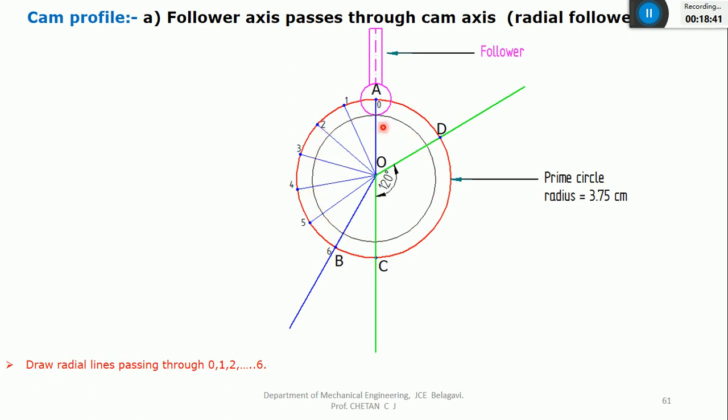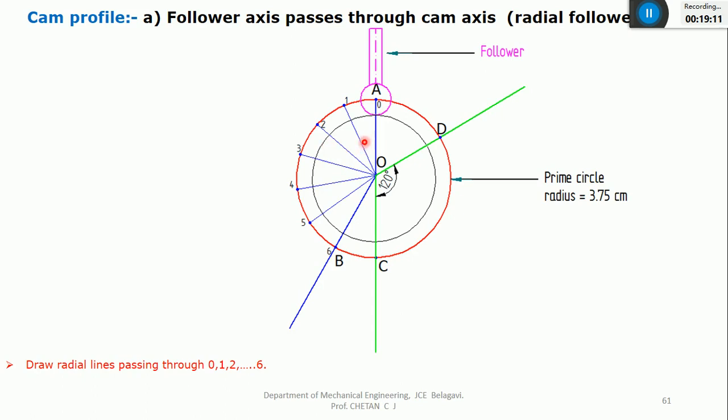But in this case, the roller is in contact with this base circle, and I want the reference as the center of this roller. That's why, to construct all these circles, I want the centers. So I'll indicate all these divisions 1, 2, 3, 4, 5, 6 with respect to this prime circle only. That is the only difference, just make a note of that.